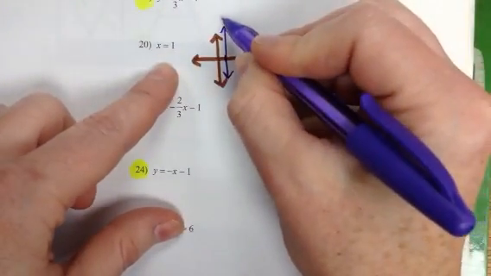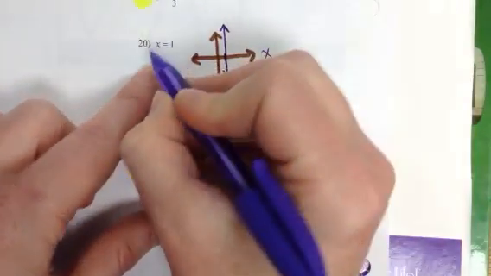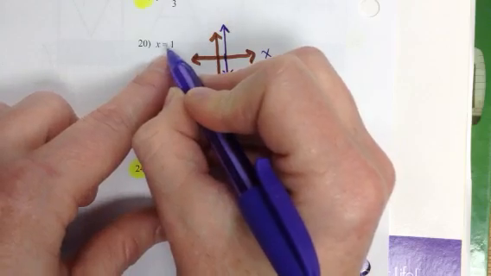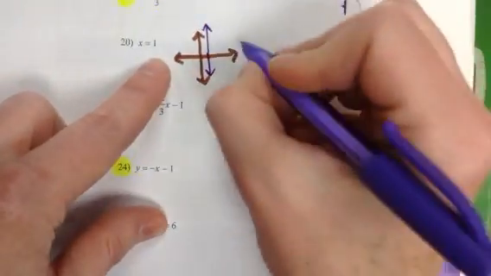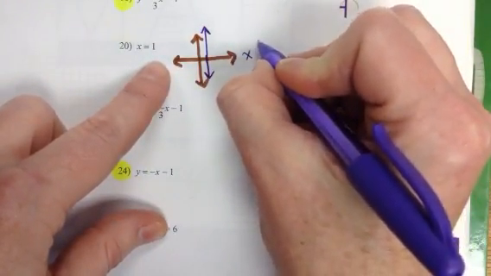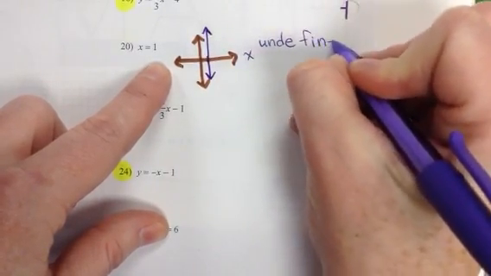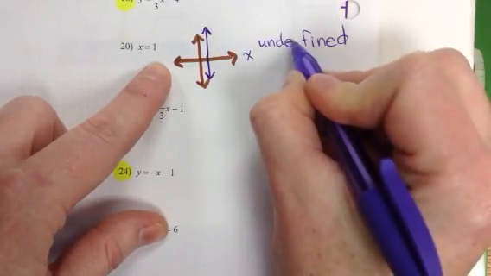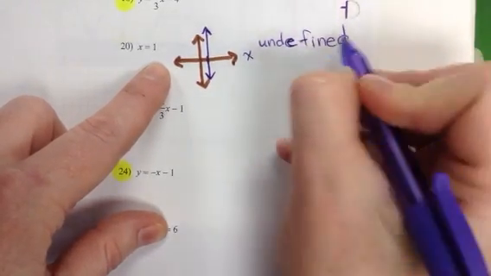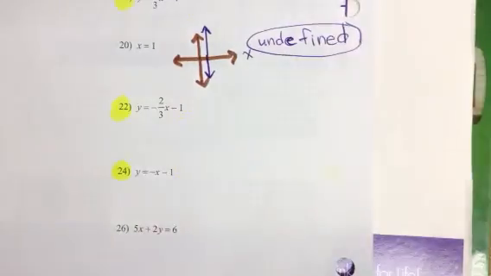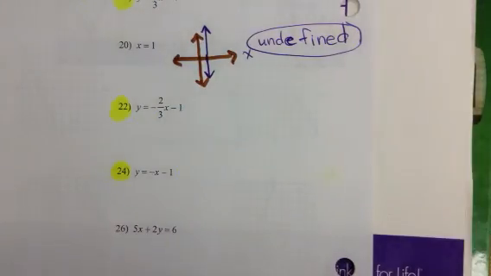So anytime that you have a vertical line and the equation starts with just x equals and you just have a number, that slope is called undefined. I did not mean to put a big space right there. Okay, so number 20, the slope is undefined.